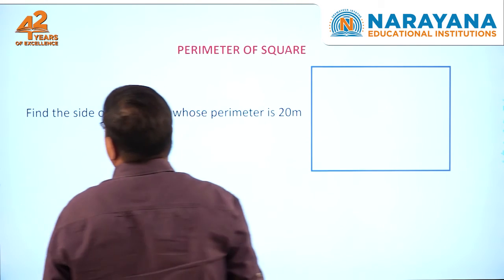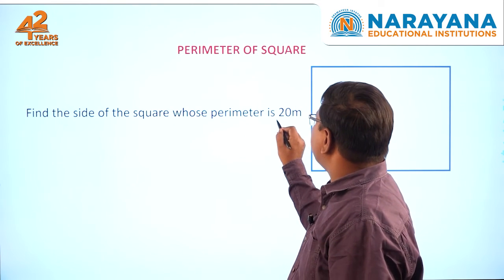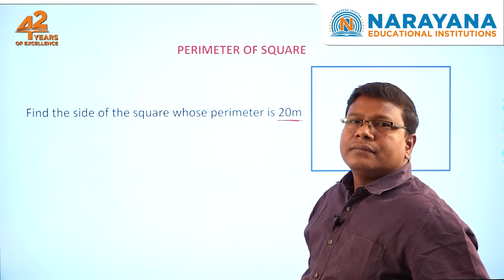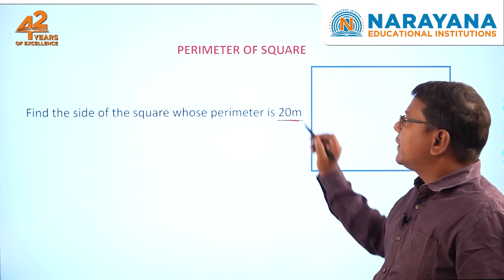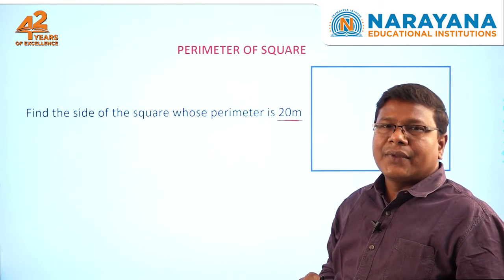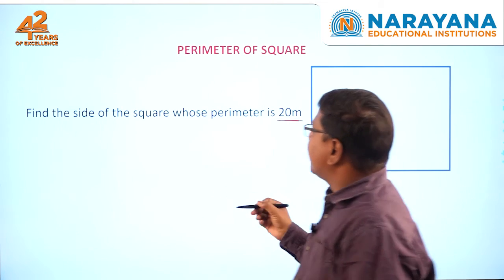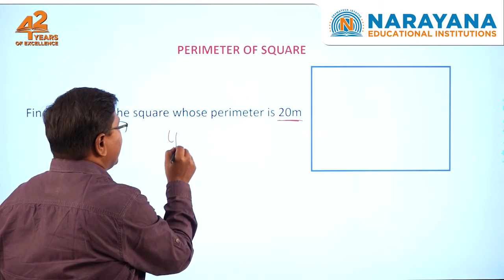Suppose this is the problem given: find the side of the square whose perimeter is 20 meters. Here the sum of all the sides is given as 20. We need to find each side. What is given is the perimeter.